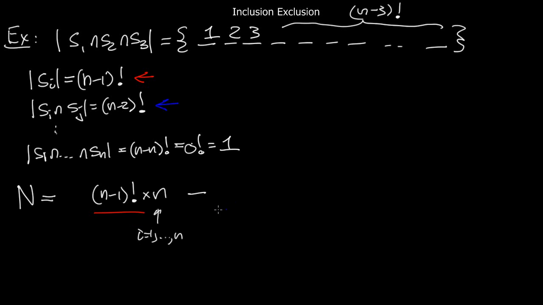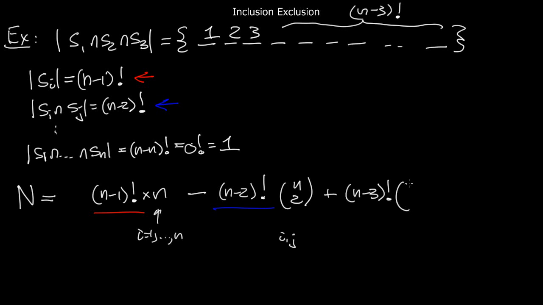Here, this is the intersections of pairs, so we have to subtract off n minus 2 factorial, and how many terms are there? Well, it's pairs ij, and so how many are there? That's n choose 2. Good. The next term is we have to add back on n minus 3 factorial times n choose 3, and so on, all the way down, alternating pluses and minuses.